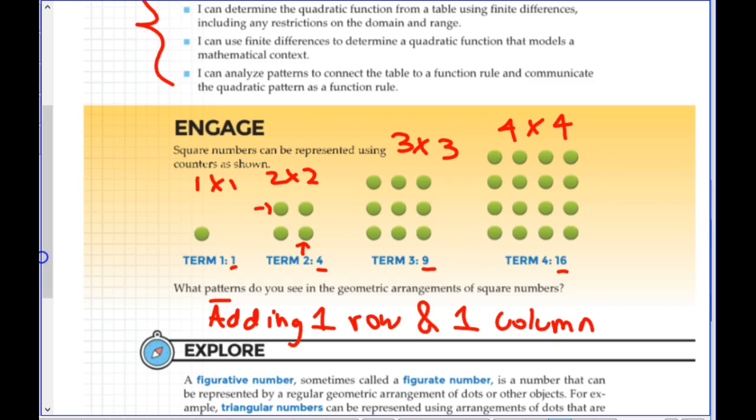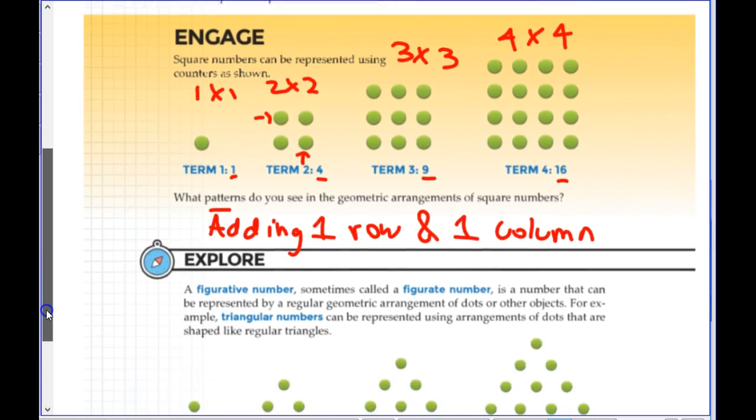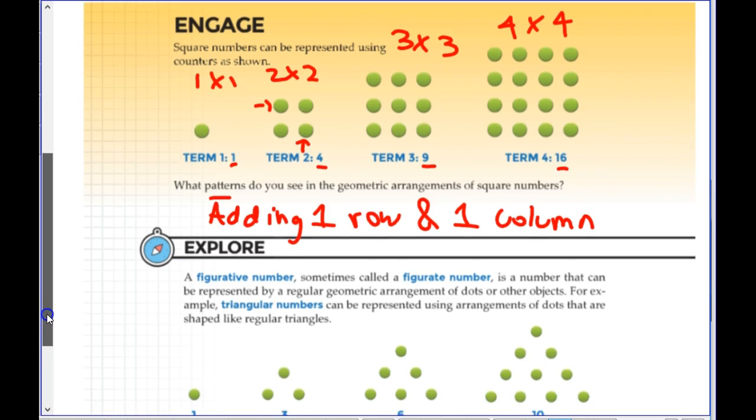Okay? So it's not really adding a single number each time, it's adding a shape, a certain layer, so to speak. Okay? So those are square numbers, and now we're going to do the explore at the bottom.